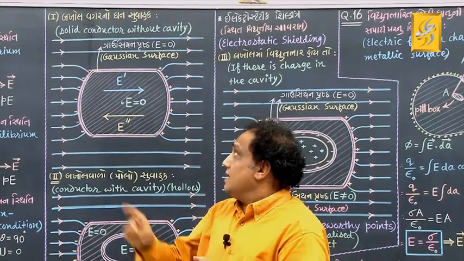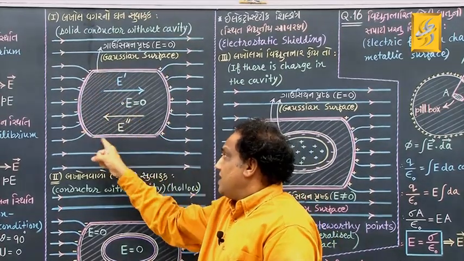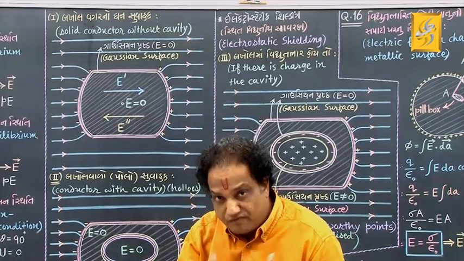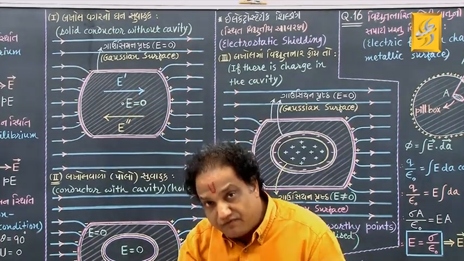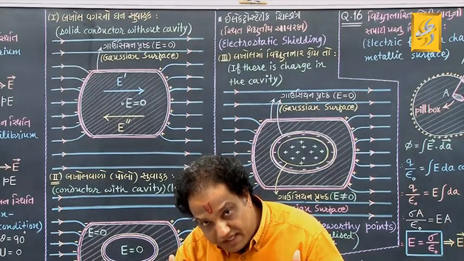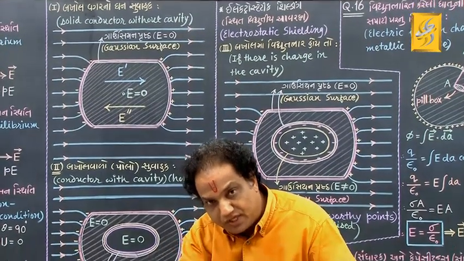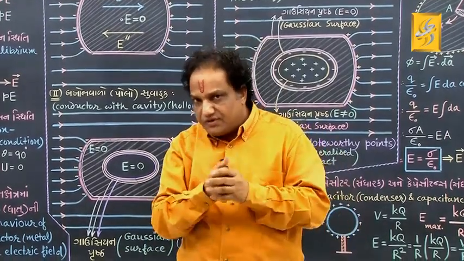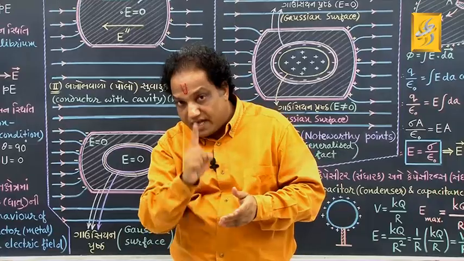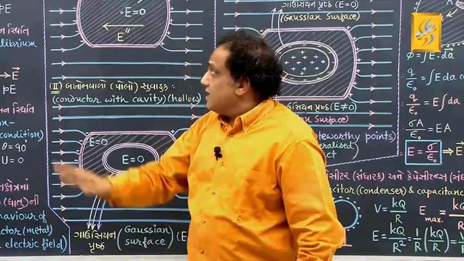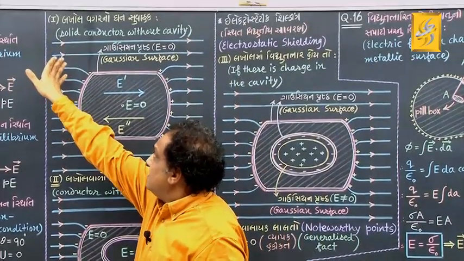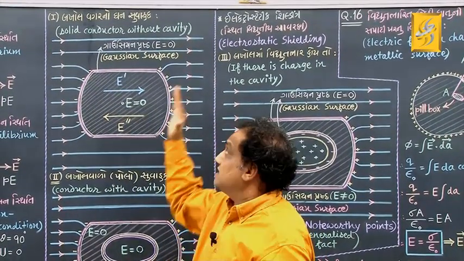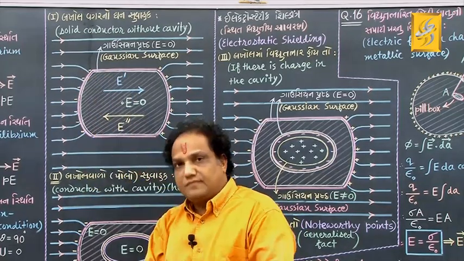Look, on the surface of this metallic conductor, the free electrons which have negative charge will experience electric forces in a direction opposite to external electric field. Don't you know, for a negative charge, it experiences electric force in a direction opposite to electric field. Right now, electric field is towards the right hand side, then electrons will experience electric forces towards left hand side.